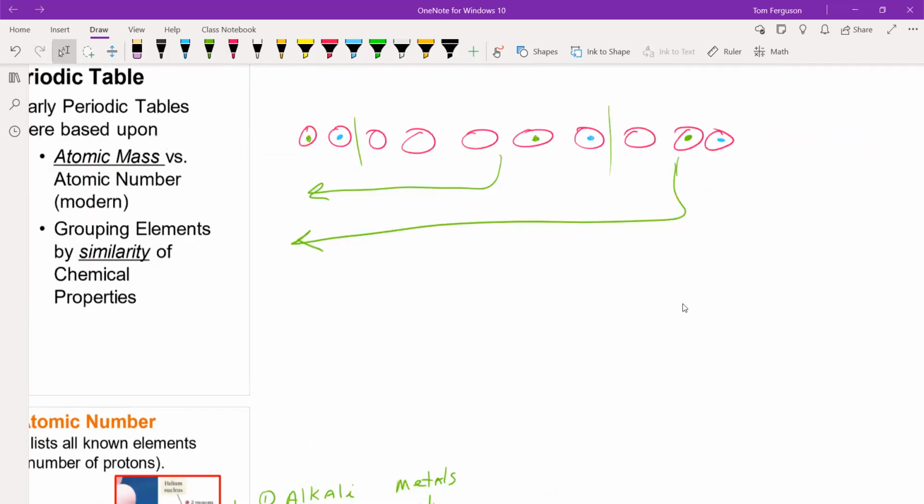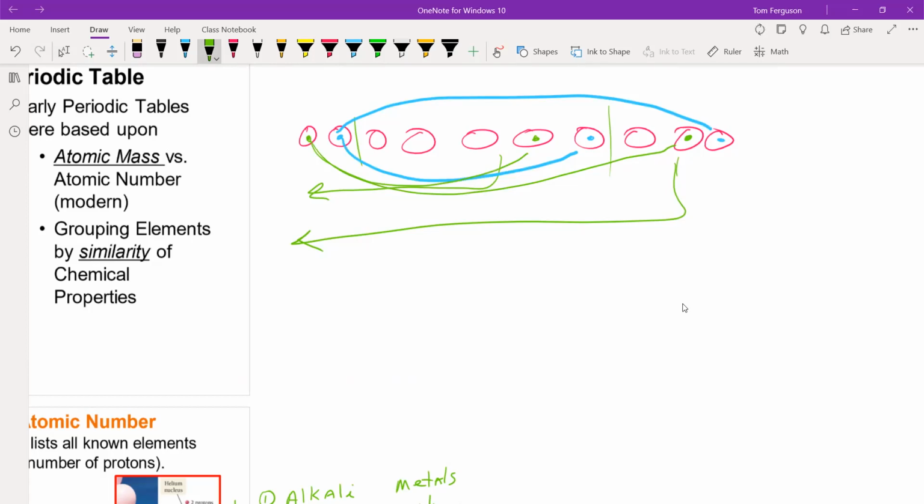So if the red circles are elements at the time and the green dots are chemical characteristics, he noticed that all of a sudden the chemical characteristics started to repeat.